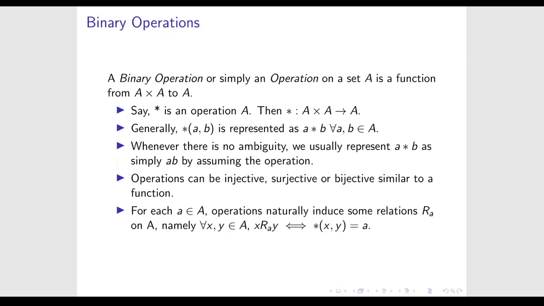Now we look at binary operations. A binary operation on a set A is simply a function from A cross A to A. Say star is an operation on A, then star is a function from A cross A to A. Generally, star of the ordered pair (a, b) is represented as a star b for all a, b belonging to A. For example, our very own addition on real numbers is a binary operation.